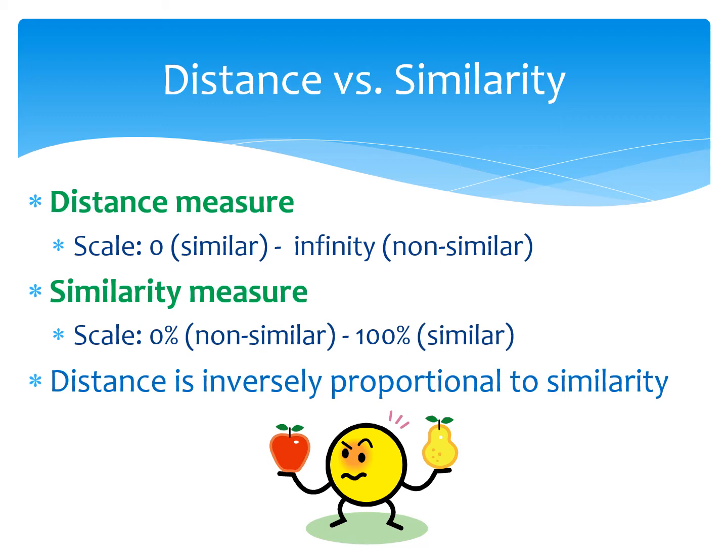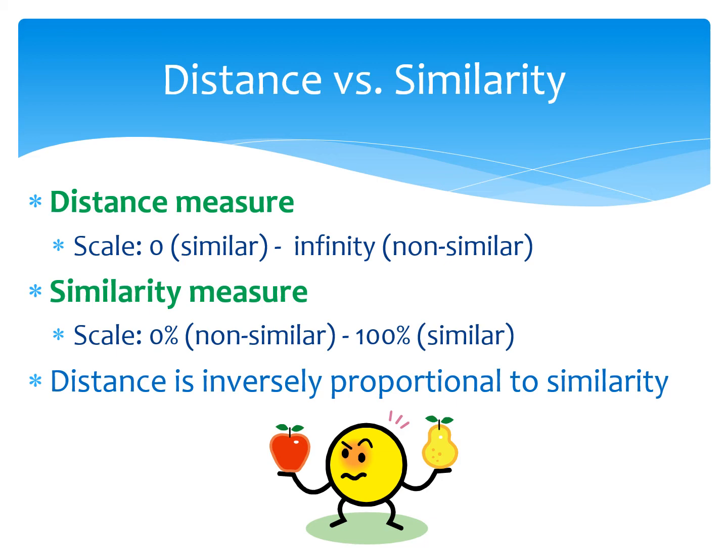The scale of a similarity measure is typically from 0% to 100%, where 0% indicates non-similar and 100% indicates identical. Distance is inversely proportional to similarity, which means that the shorter the distance value, the higher the similarity.